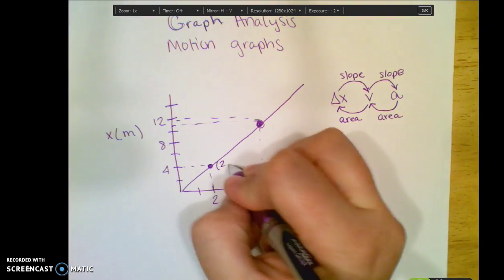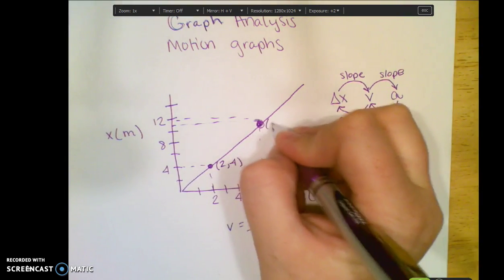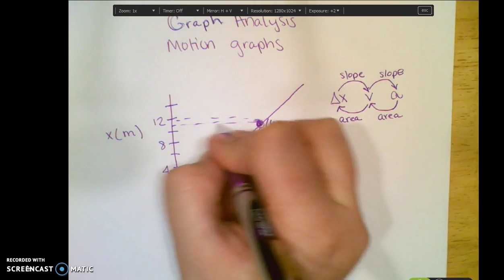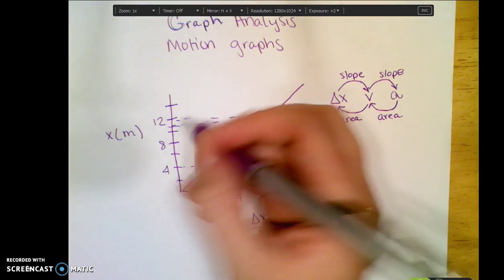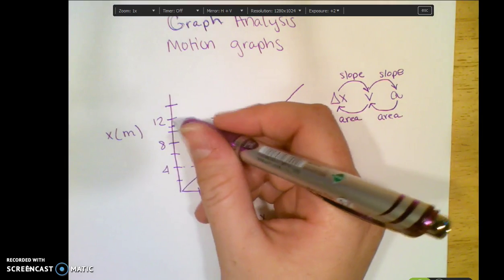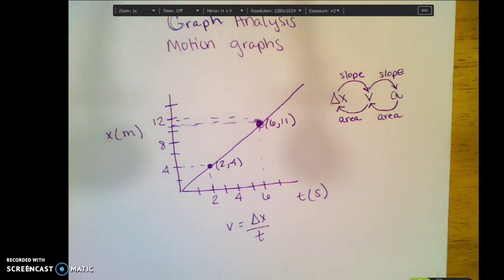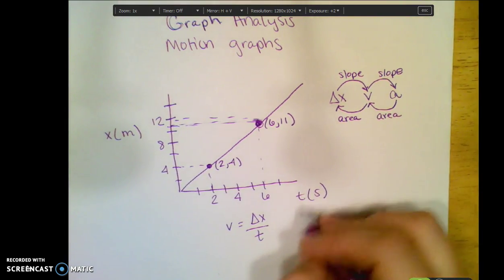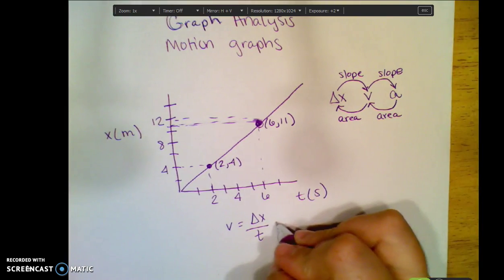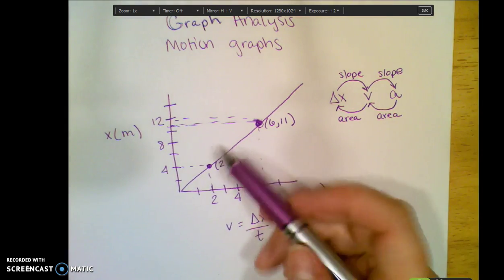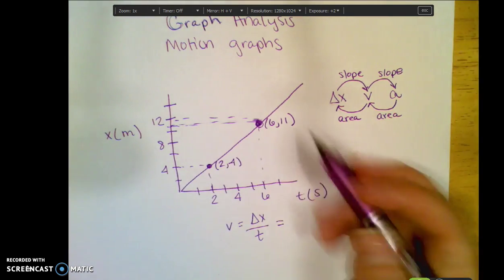This point is 2, 4. This point is 6, and it's between 10 and 12, so it's 6, 11. So if I wanted to find my slope, I could easily say, well, my change in position would be from 4 to 11.